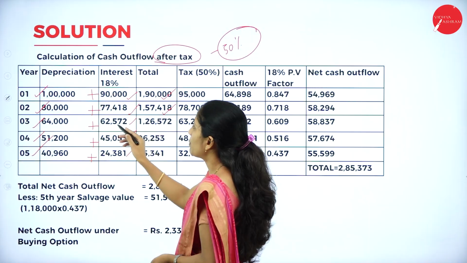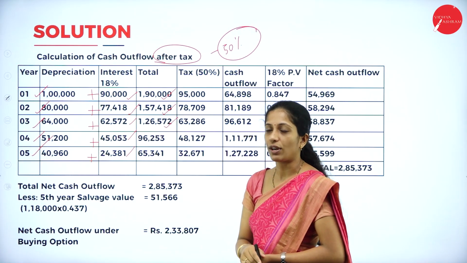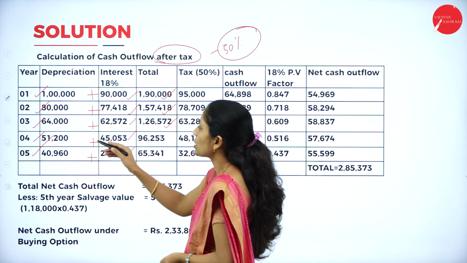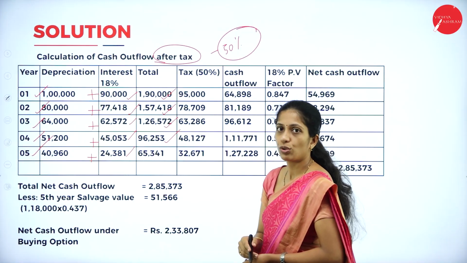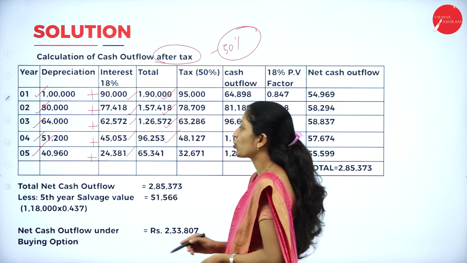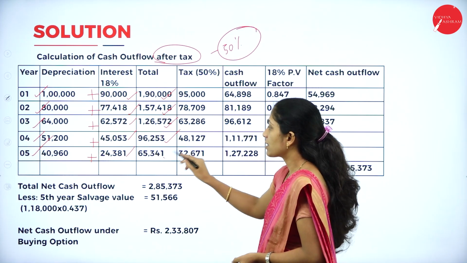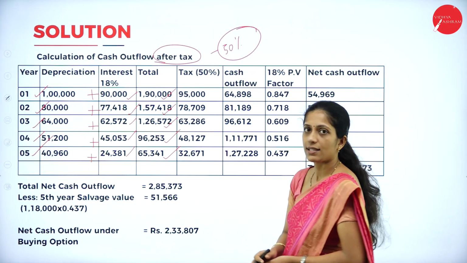Next, 64,000 plus 62,572 will get 1 lakh 26,572. Next, 51,200 plus 45,053 will get 96,253. And the next one is 40,960 plus 24,381 will get 65,341.